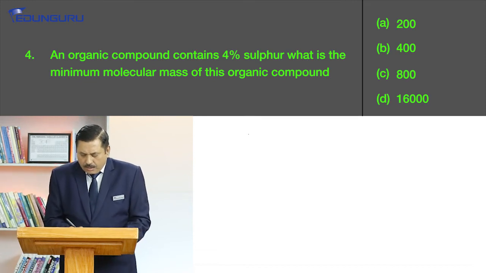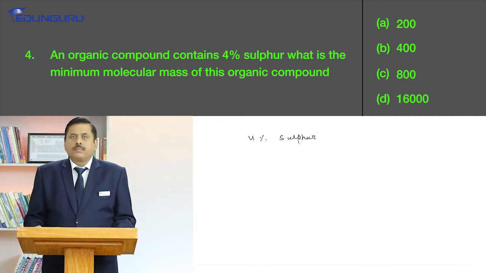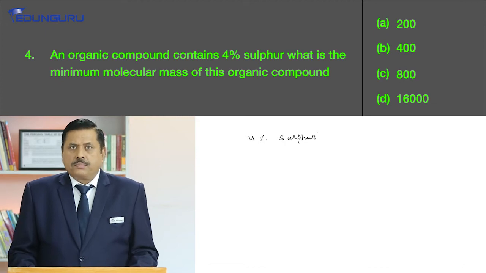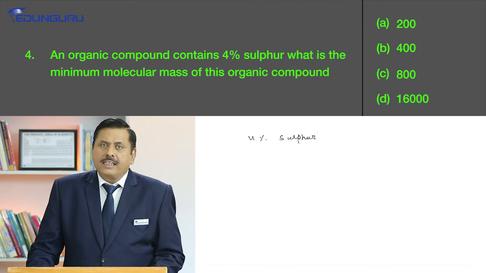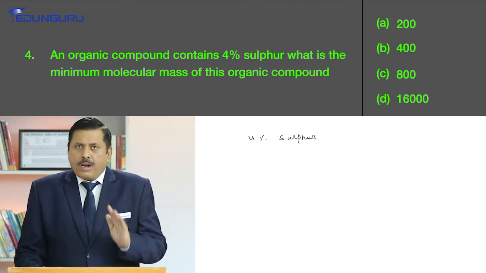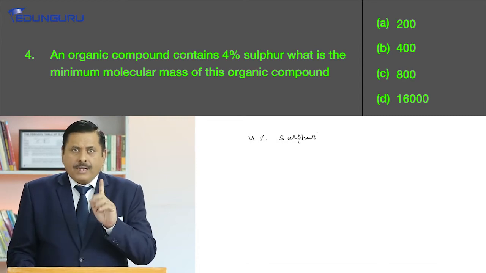Given that the organic compound contains 4% of sulfur, 4% sulfur means 100 gram of compound contains 4 gram of sulfur, and we are supposed to calculate the minimum molecular mass. Now one molecule will contain at least one sulfur atom.